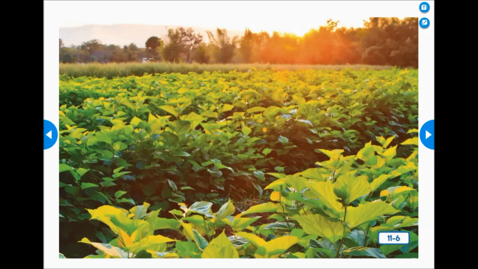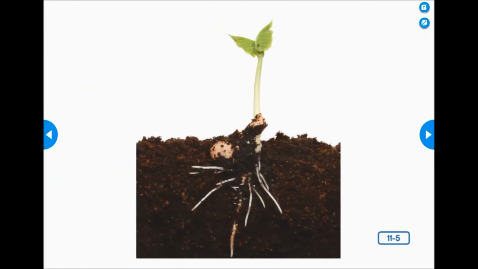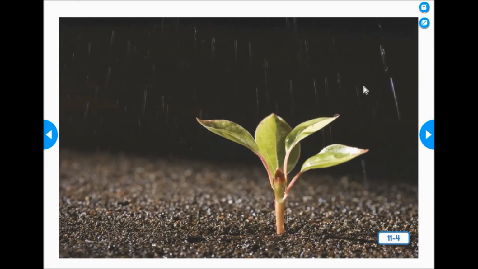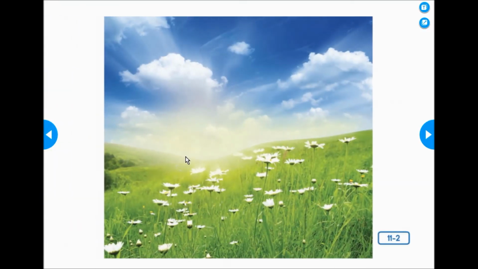Remember, plants need air, plants need nutrients, plants need water, plants need sunlight.